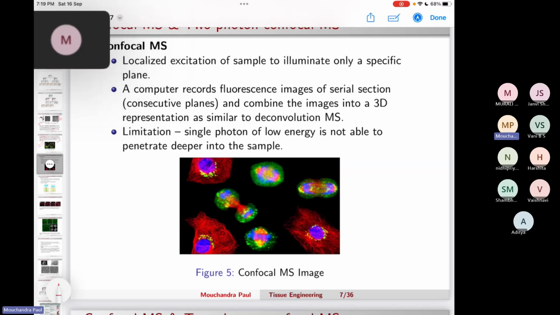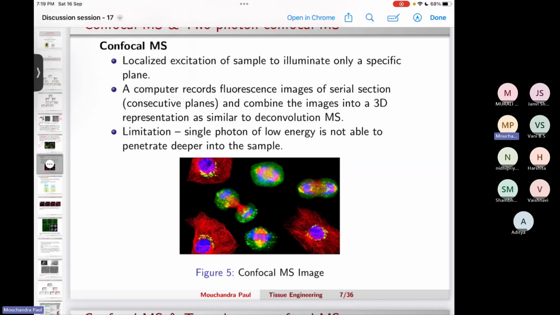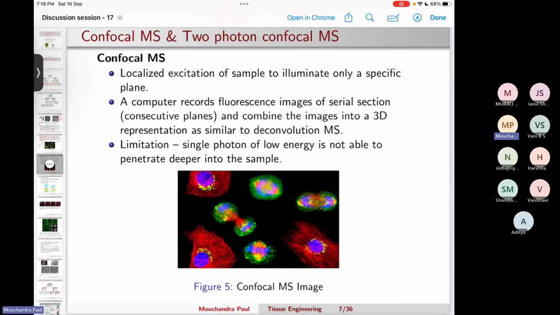In confocal microscopy, you are again staining your sample with some fluorescent dyes, but the microscope system is able to cut your sample into various slices. This slicing happens in the z axis, and from each slice the microscope gets the fluorescence signal that is coming, and ultimately all of the images obtained from these slices get merged and give you a better image.